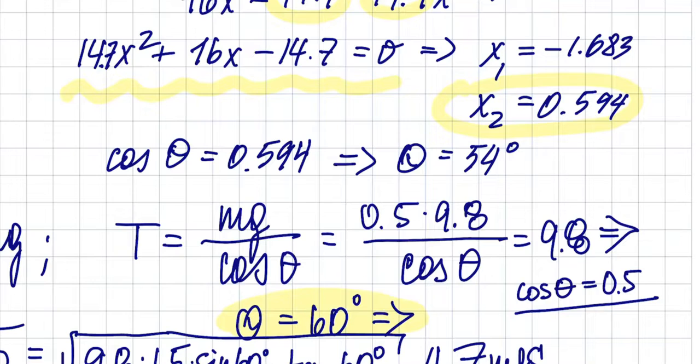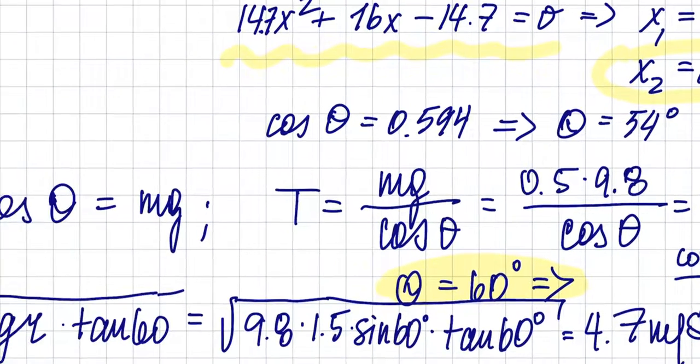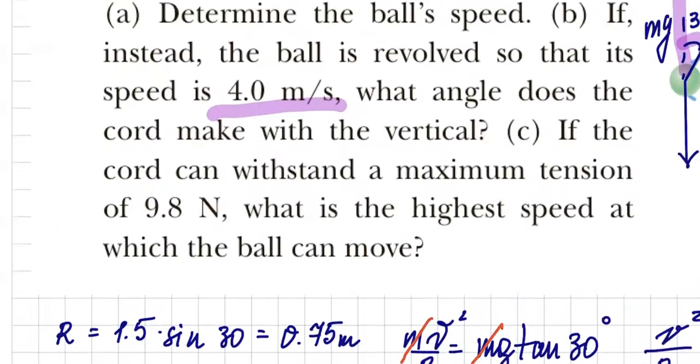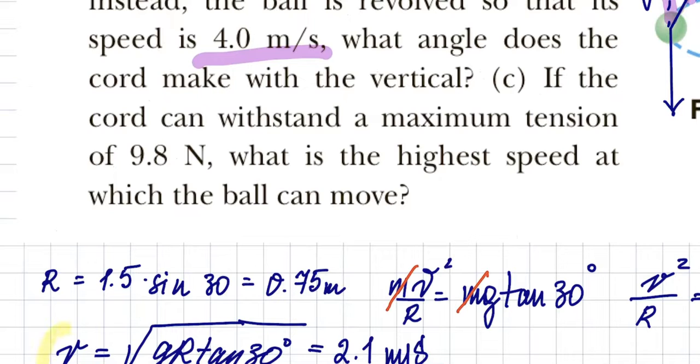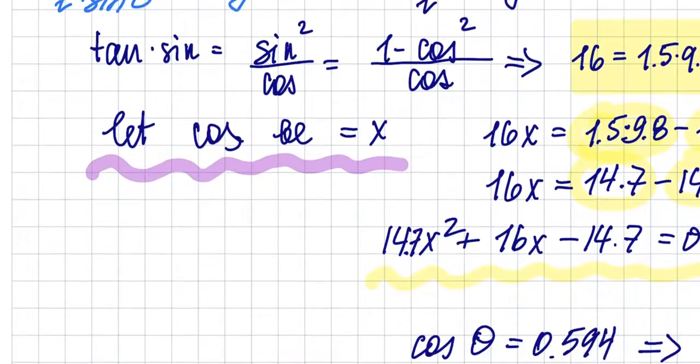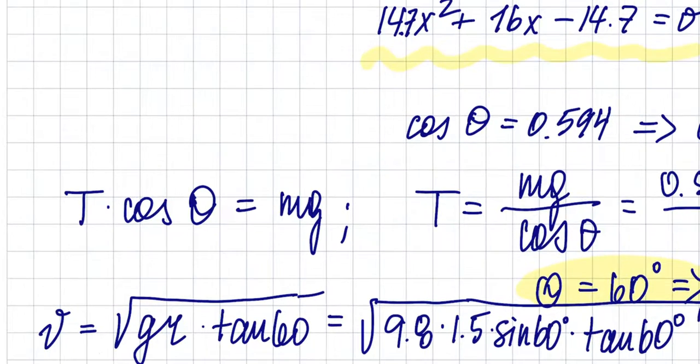Well then, if the maximum angle that the string can make, I go back to the beginning. Remember, we had this lovely thing, and we knew the angle, and that's how I knew the radius. Now I am just figuring out the angle, and I need to remember that my radius is going to be 1.5 sine of that angle.